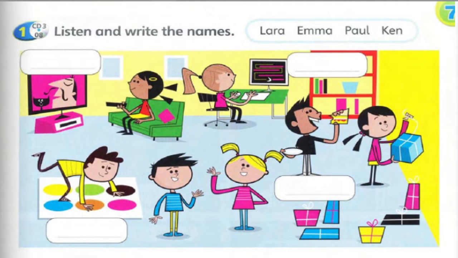Is Ken wearing a yellow sweater? Yes, he is. Now look at Lara. She's wearing a pink t-shirt. Is she watching TV? No, she isn't. She's playing computer games. OK, that's Lara. The girl watching TV is Emma. She's wearing a red t-shirt. Oh yes, Emma's my friend too.